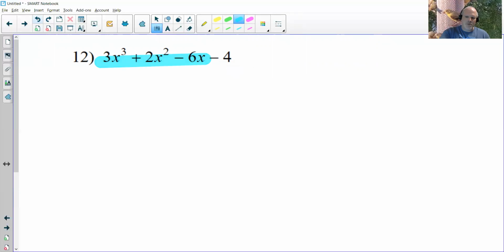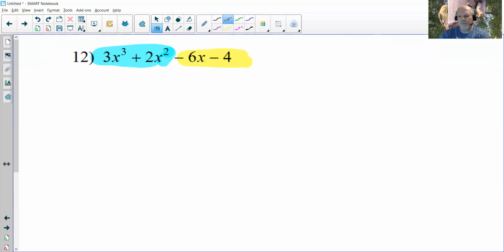So we have to look for a GCF of this part and a GCF of that part. And by the way, this has a name. It's called factoring by grouping, because you're grouping the larger polynomial into 2 smaller parts.